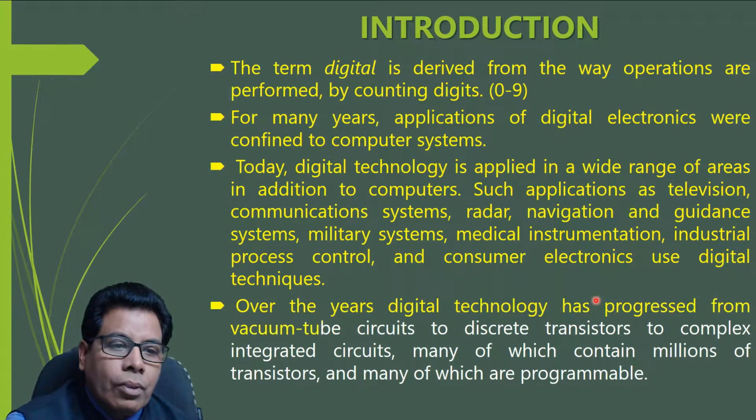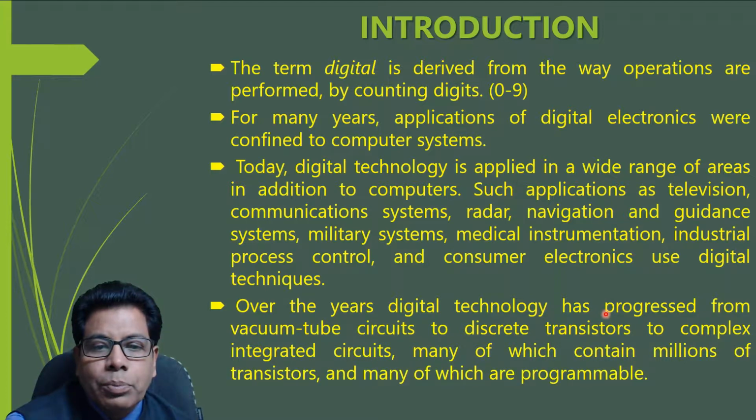Over the years, digital technology has progressed from vacuum tube circuits to discrete transistors to complex integrated circuits. So earlier, the vacuum tubes or the valves, triode, pentode, those were the circuits used. And then we came to the discrete transistors, that is the bipolar junction transistor, BJT, FET, MOSFET, and so on.